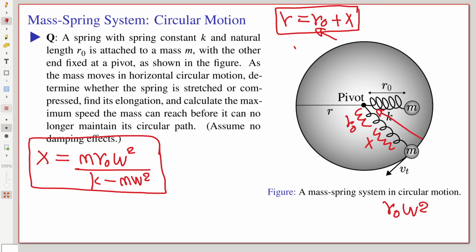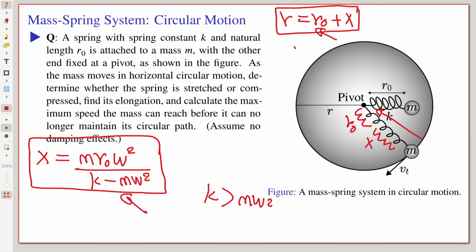Now, notice that this equation tells us a lot about this type of motion. So the elongation is positive as long as k is bigger than this factor, m omega squared. Look at the denominator.